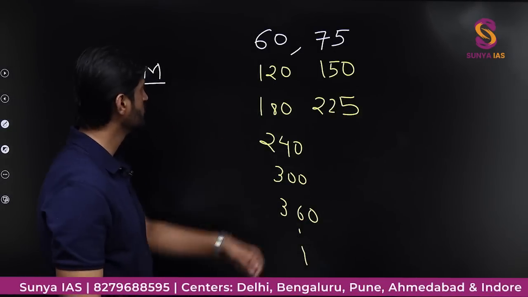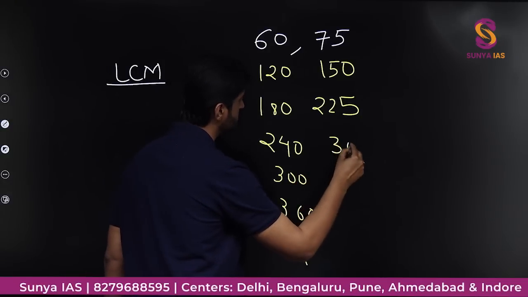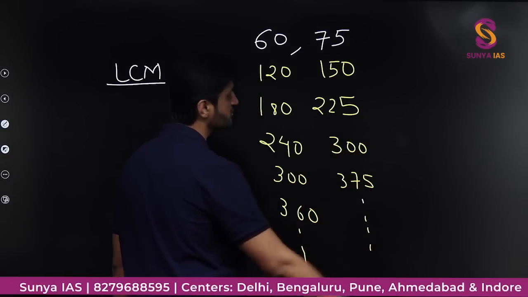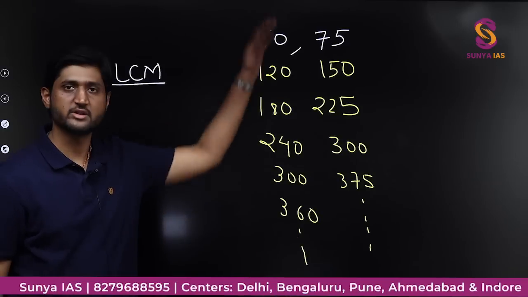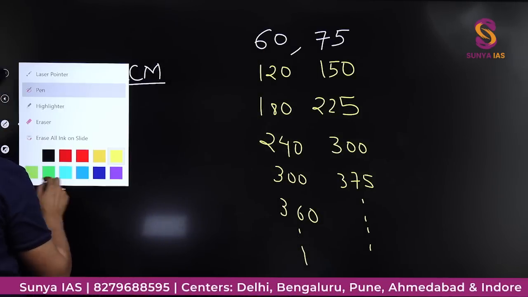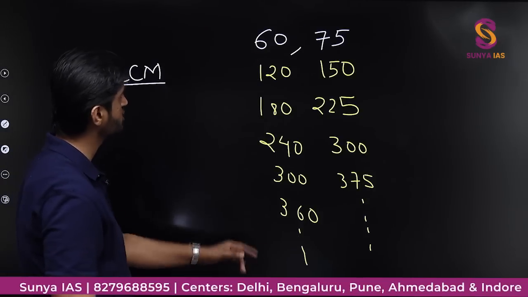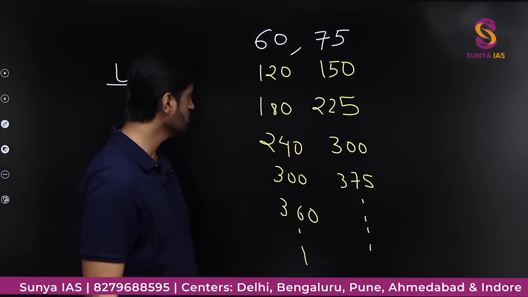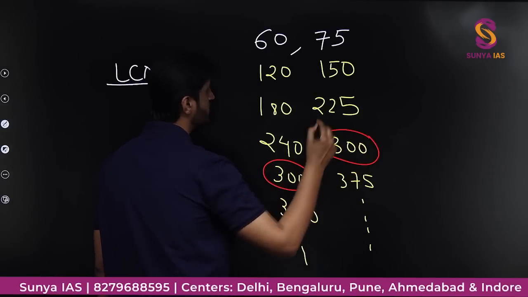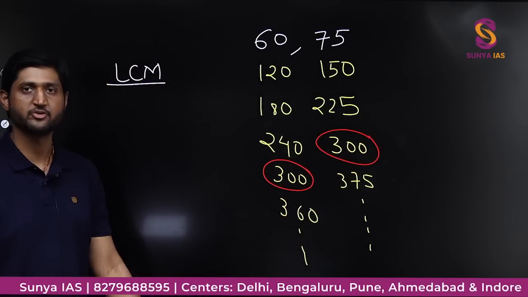Further, you will have 300, 375, and so on. The list will continue for 75 in this way. But here you can notice that in both these lists of multiples of 60 and 75, there is a common value which is nothing but 300.